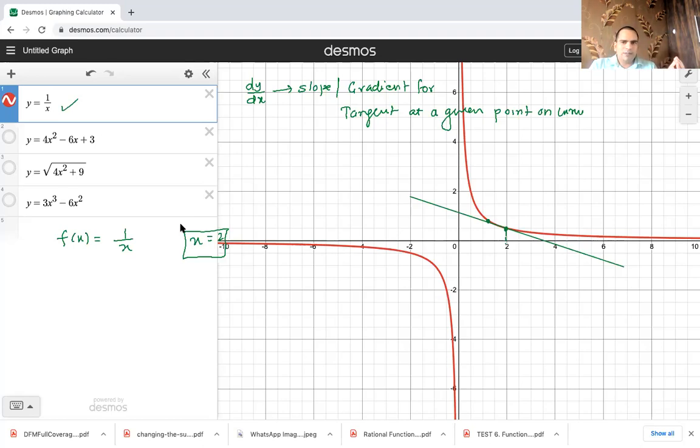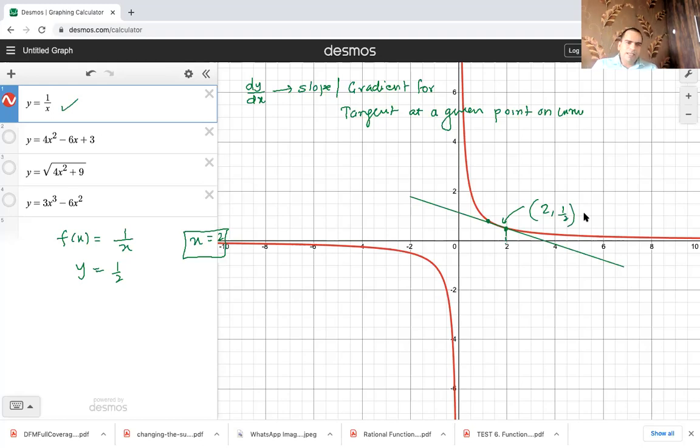When I plug x as 2 here, I get y equals 1 upon 2. So the coordinate at which you're drawing the tangent is 2 comma half. That's our first step.